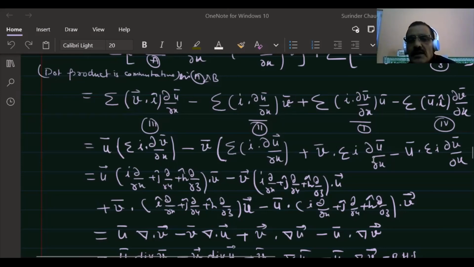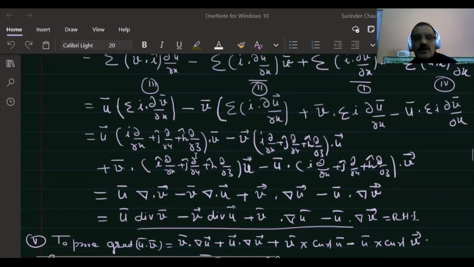Similarly here, this is v dot the summation of iota partial of u with respect to x. So u is common and this becomes the del operator minus v. Again it becomes the del operator. This is a dot product condition.